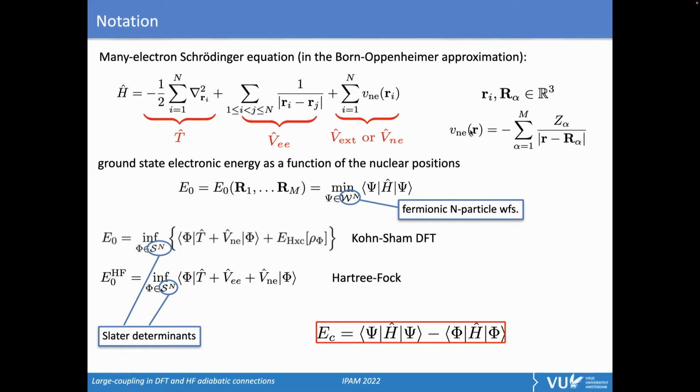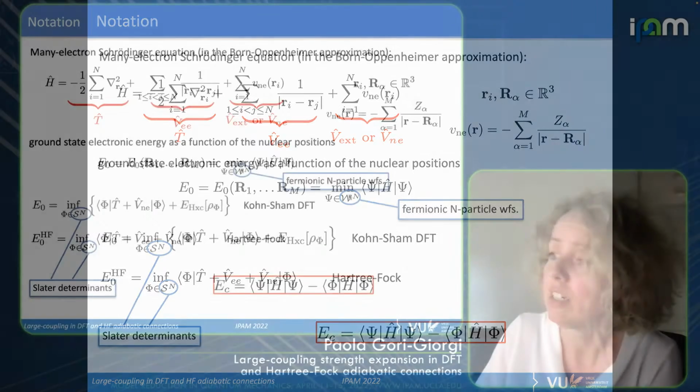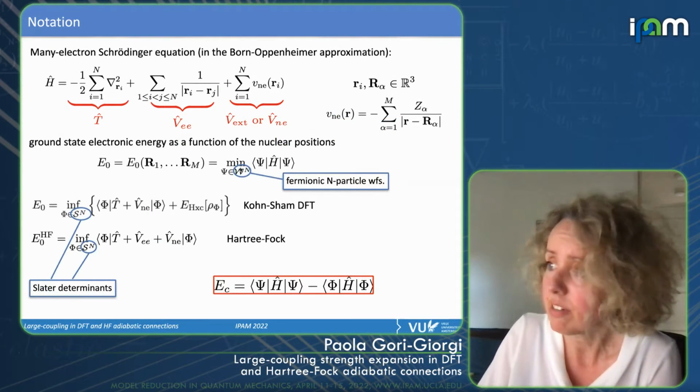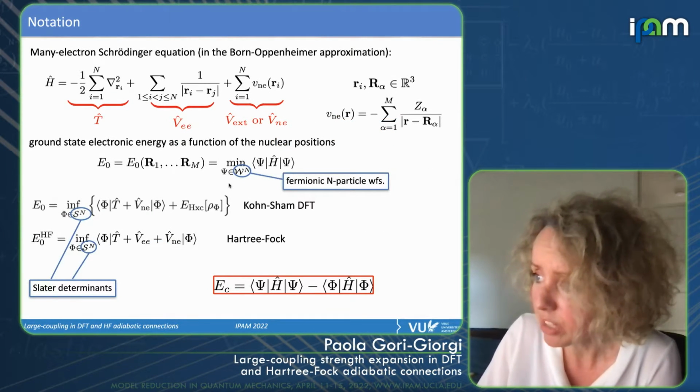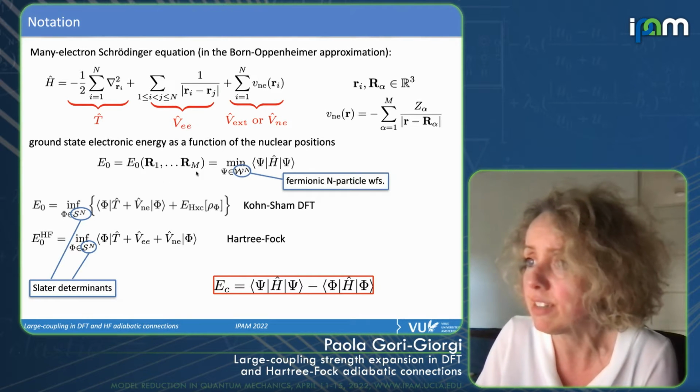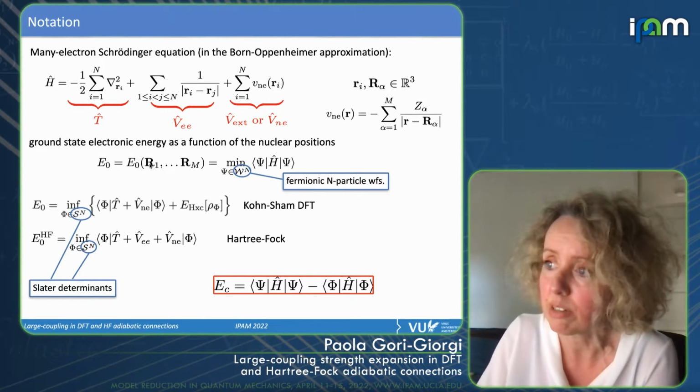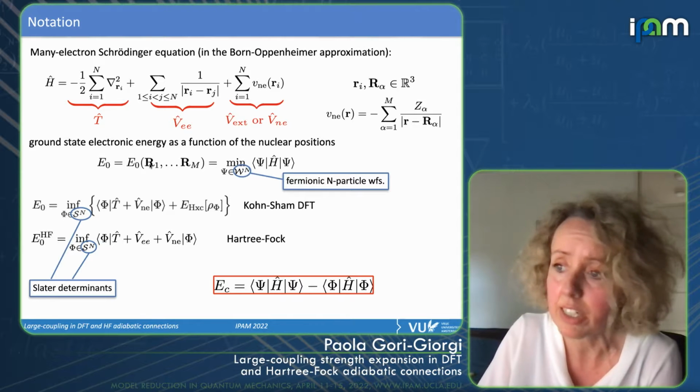Typically, we're interested in cases where the external potential is due to the nuclei, and what we want is the lowest eigenvalue of this Hamiltonian, of course with the fermionic antisymmetry, as a function of the positions of the nuclei.